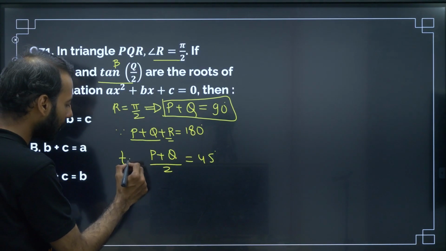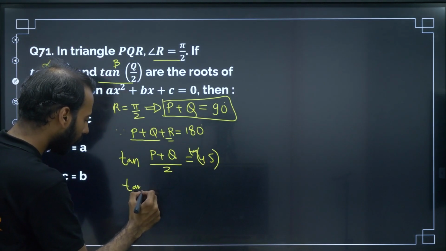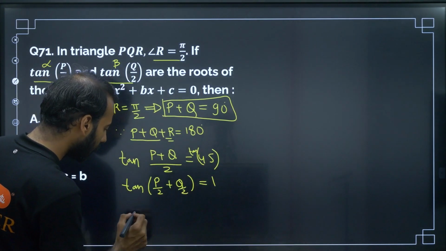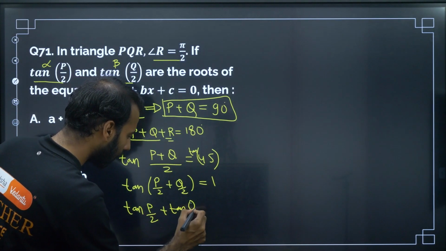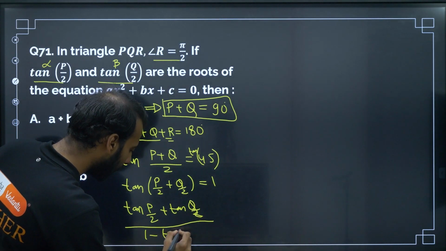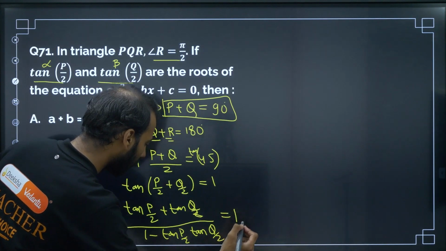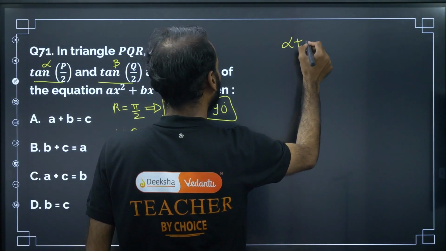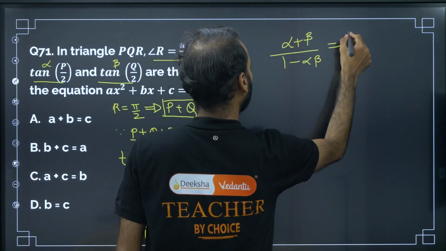Now if I apply the tan function on both sides, tan of (p by 2 plus q by 2) is equal to 1. So (tan p by 2 plus tan q by 2) by (1 minus tan p by 2 tan q by 2) is equal to 1. Tan p by 2 is alpha, tan q by 2 is beta, so (alpha plus beta) by (1 minus alpha beta) is equal to 1.